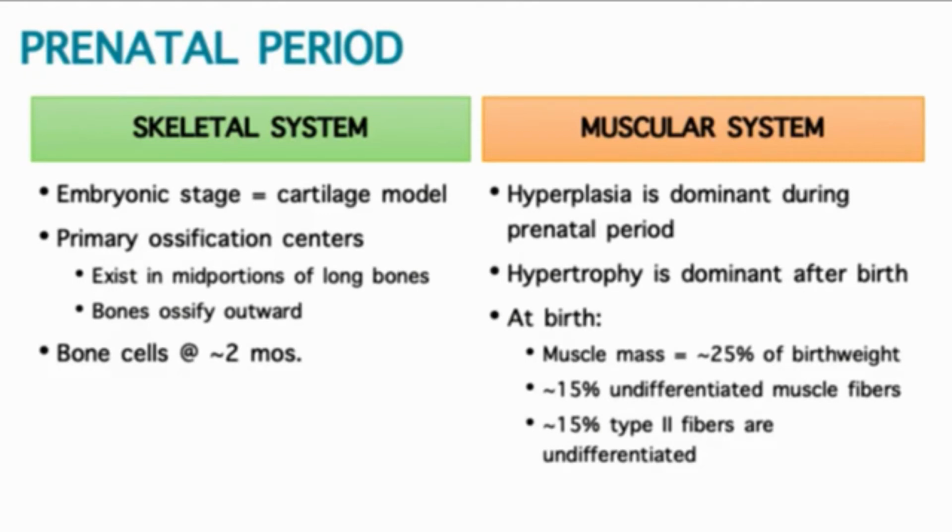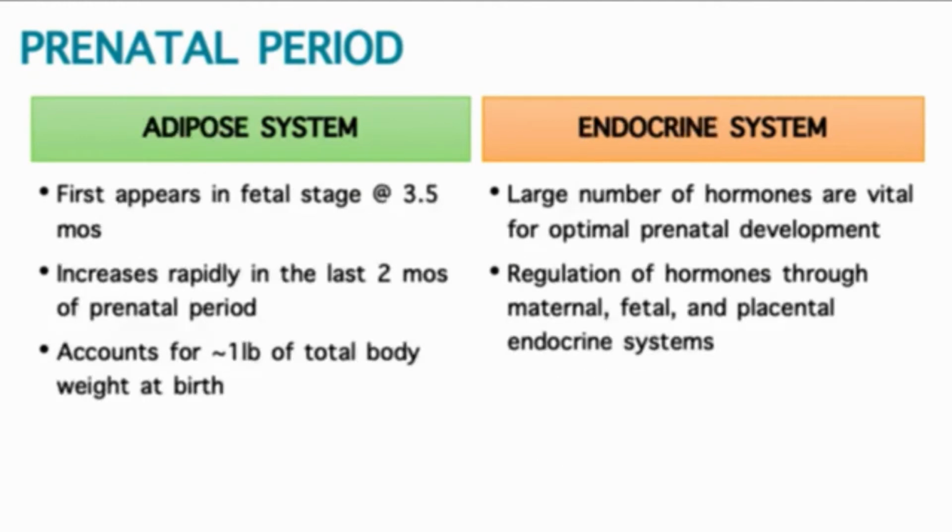So, I think those are really cool things to consider. Also in the prenatal period, we have our adipose system. Adipose tissue starts to appear in the fetal stage at about 3.5 months, and then will increase really rapidly in the last 2 months of the prenatal period. And it accounts for about 1 pound of the total body weight at birth. So typically, average baby weight is anywhere from 6.5 to 8-ish pounds.